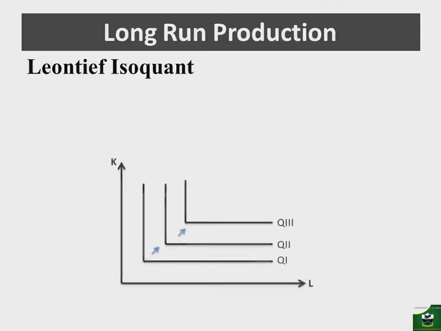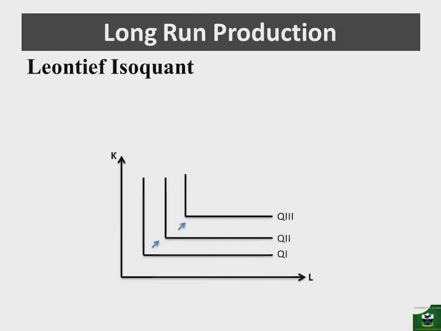Let me give you the graphical illustration. We have capital on the vertical axis and labor on the horizontal axis. The direction of increasing output is up and to the right. With the isoquants which follow the Leontief production function, production will take place at the corner here, because anything more will not make sense to the production function.